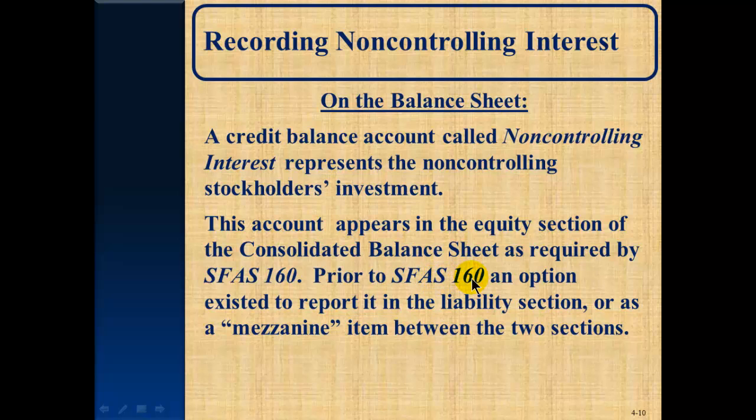Prior to that, they basically said we'll stick it in the liability section, what they called a mezzanine item between liability and equity. Mezzanine, remember, is a term that refers to the floor of a building, somewhere between the first and second floor. That's no longer applicable. Now we just stick it right there as a caption in the equity section.